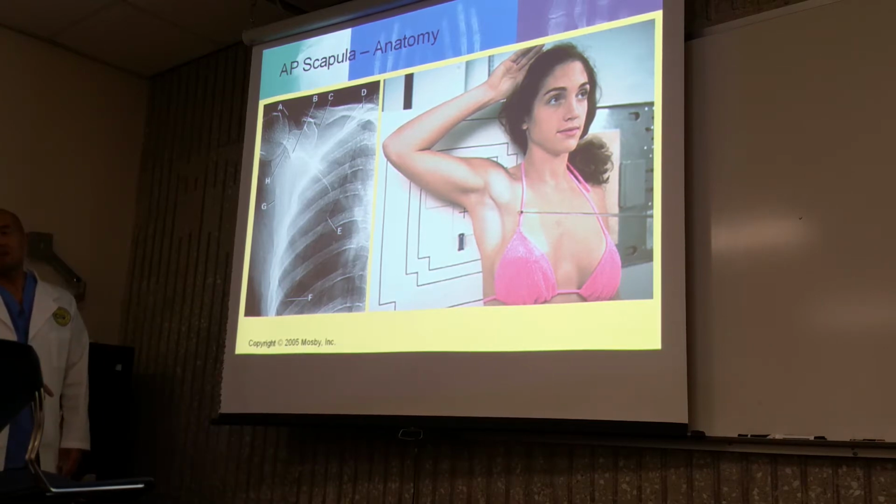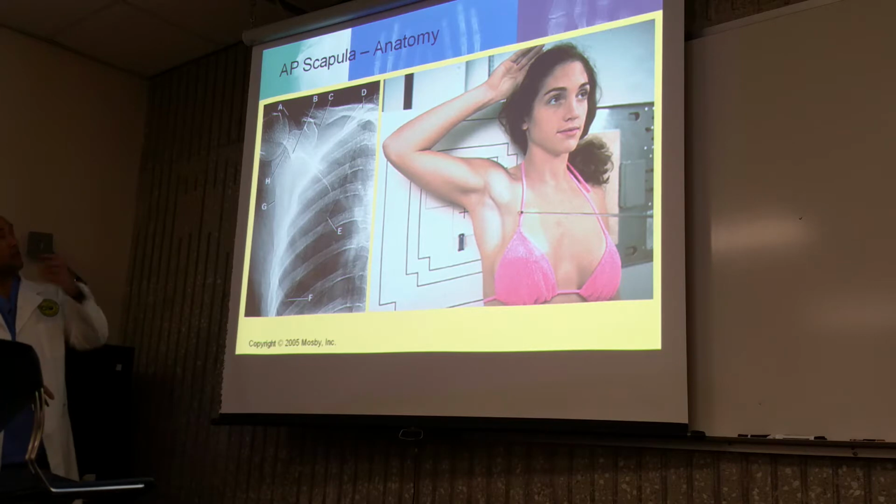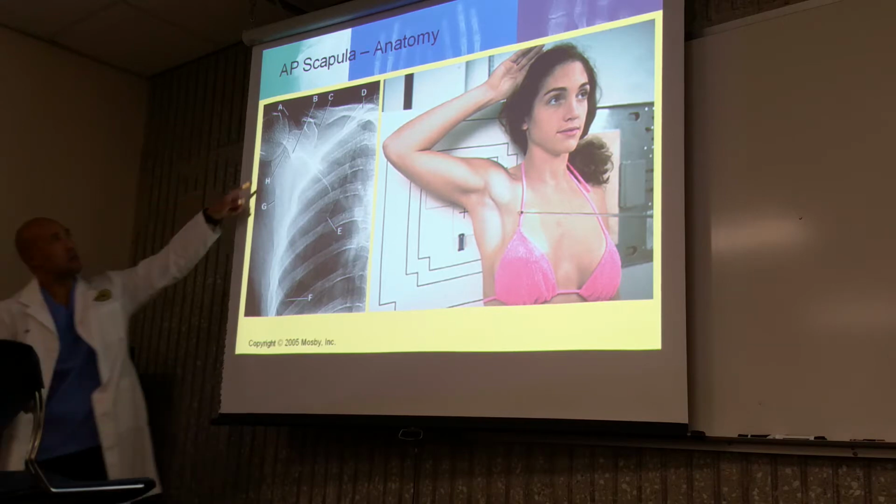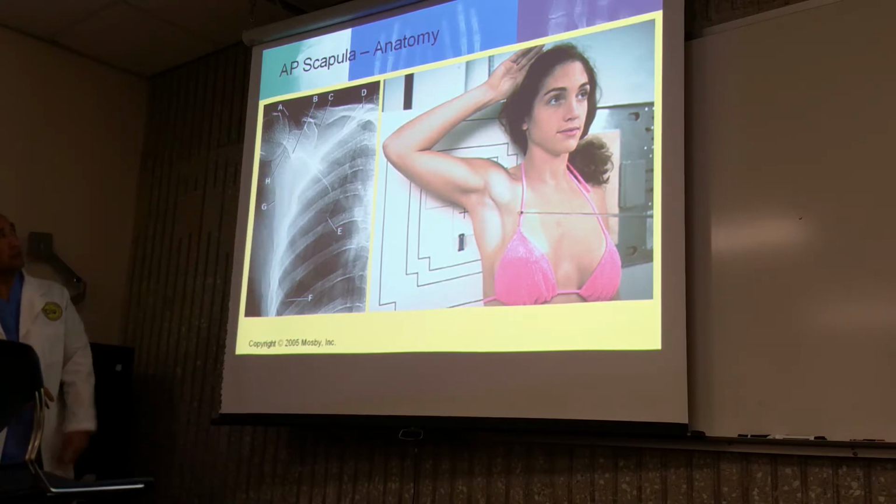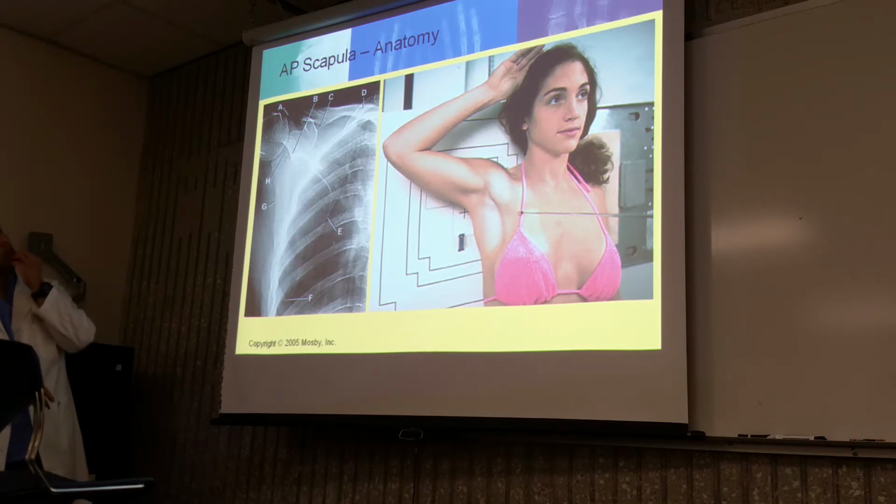Okay. So C is the suprascapular notch. So that is the notch. A is acromion, B is the spine, H is the glenoid cavity. So that's the notch, not the coracoid.